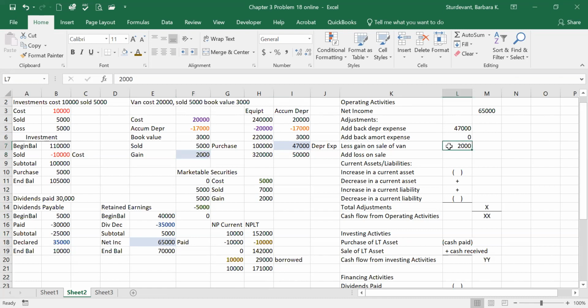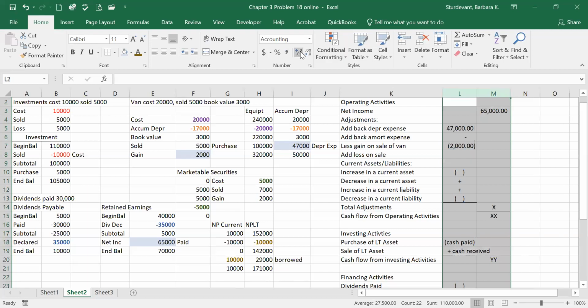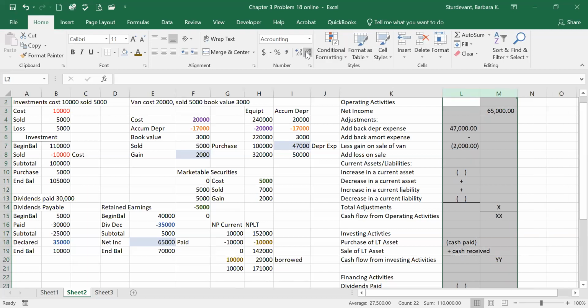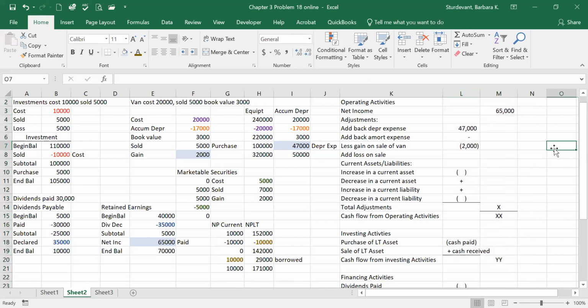So because it's in the third section and it has nothing to do with operations, I need it out of there. And so I'm going to subtract. Okay. All right. Now what, John?